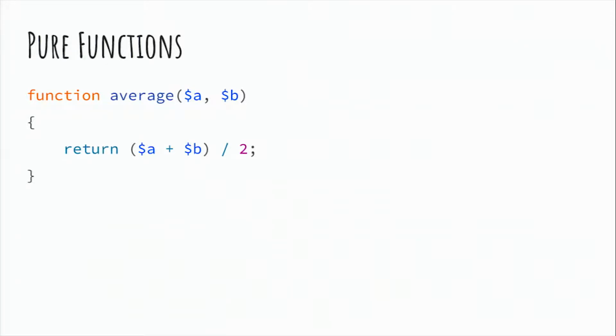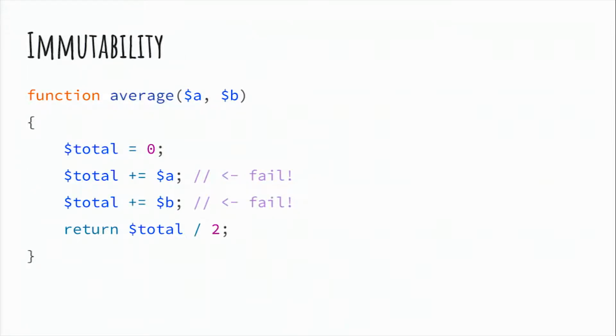So pure functions. This function is pure because you can replace a call to this function with the output. And you could write the function another way, and the function itself will still be referentially transparent, will still be pure, but inside you're using mutation. So this plus equals is actually an operator that then returns the total, so it's an expression.